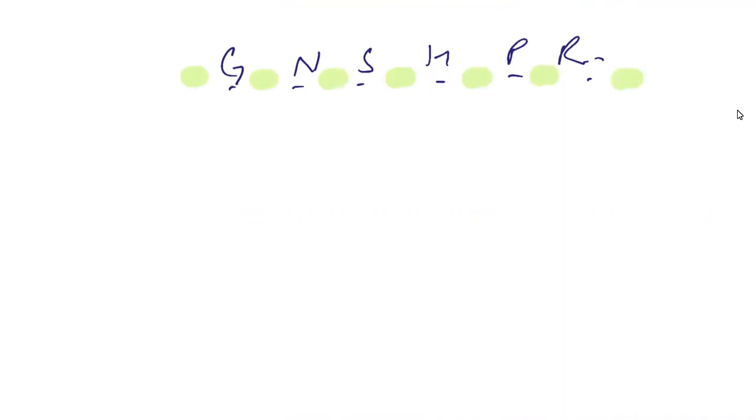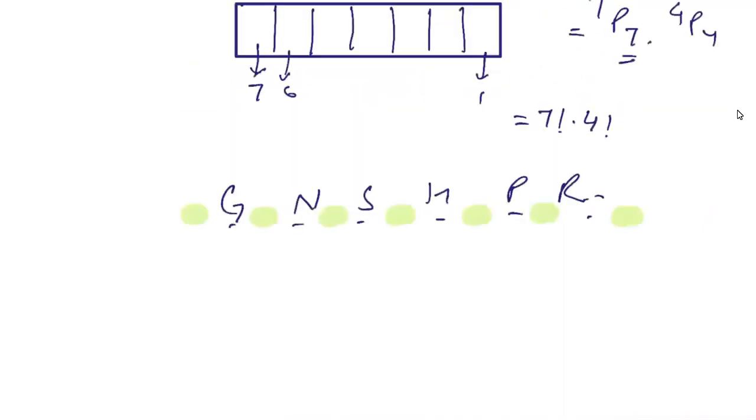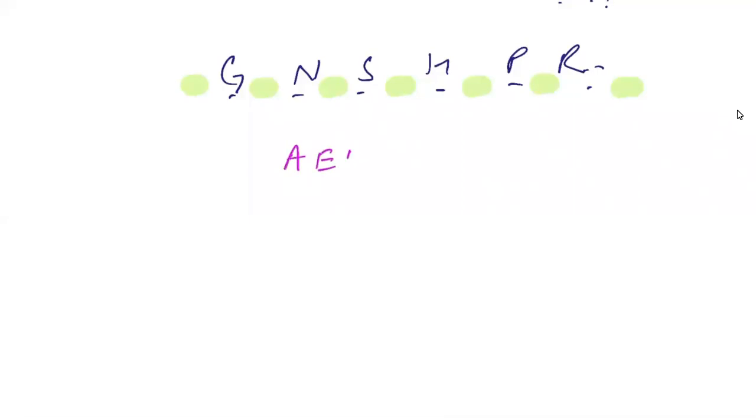In these 7 places, we have to put the 4 vowels A, E, U, I. So I can say 7P4, right?